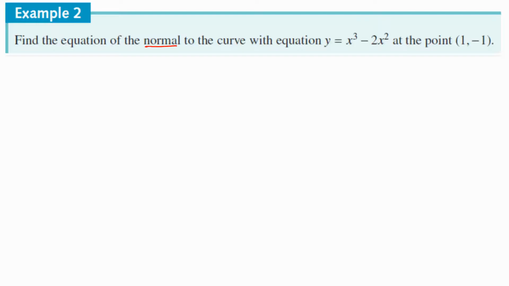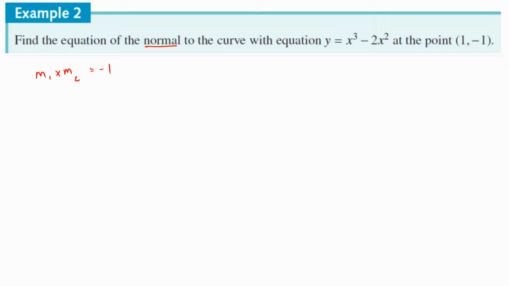Okay, if 2 lines are perpendicular, their gradients multiplied together have to equal negative 1. So m1 times m2 has to equal negative 1. Perpendicular, which means normal, means both gradients will multiply to give you negative 1.